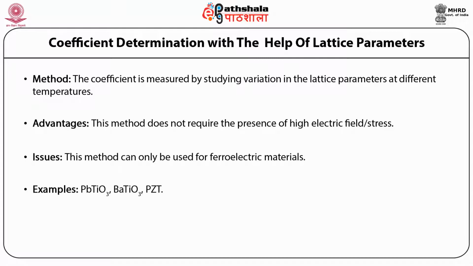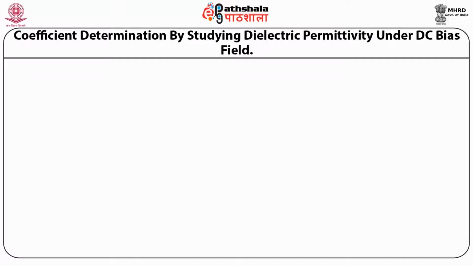For example, lead titanate, barium titanate, and lead zirconium titanate, that is PZT. So the last method to determine the coefficient is by studying the dielectric permittivity under the DC biased field.